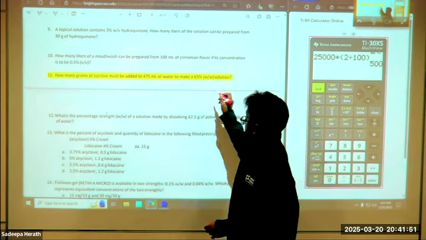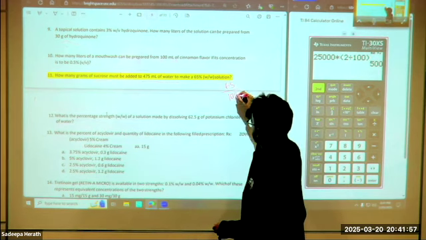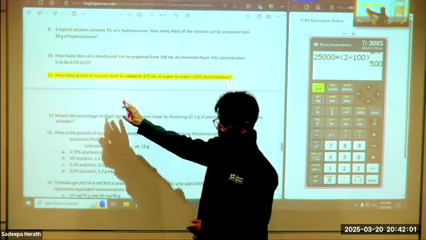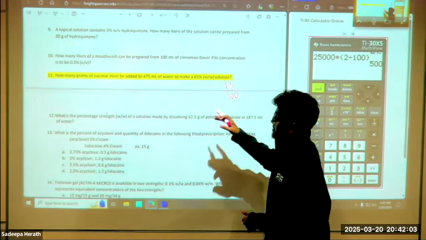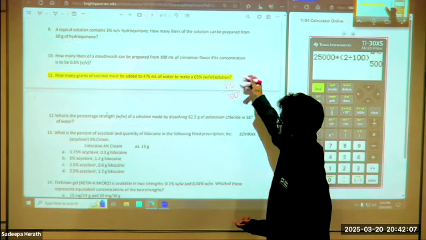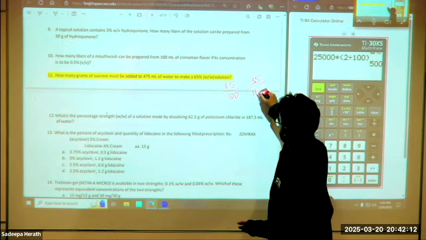So 65 over 100 is your ratio for sucrose. We need to know what the remaining ratio is for the water. If you do 100 minus 65, that's 35 over 100.